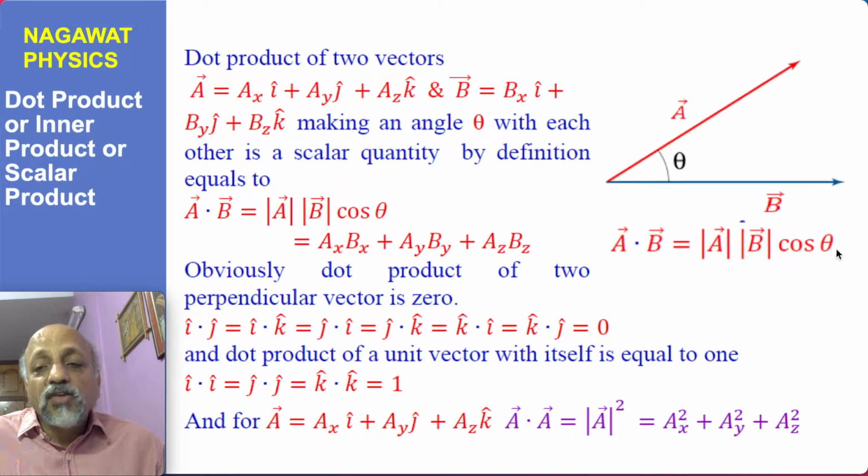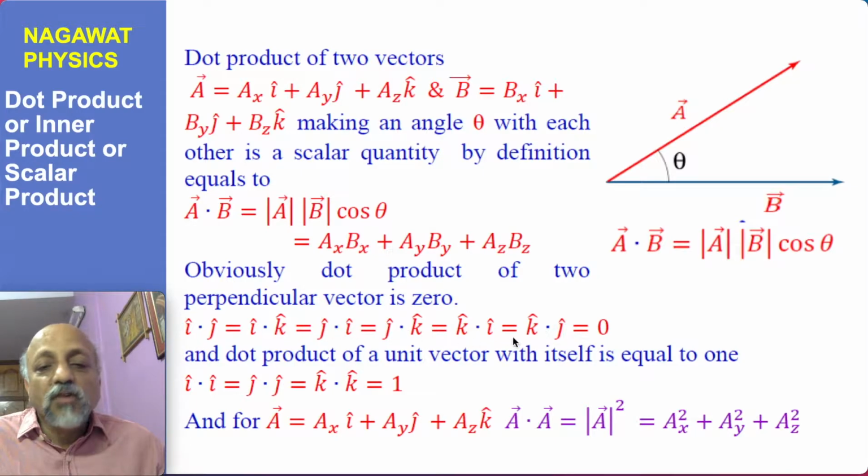Now with this basic definition, when it is applied to the unit vectors, you know that i dot j will be equal to 0 because cosine of 90 degrees is 0. On the same basis we can check that since the x axis is perpendicular to the z axis also, i dot k would also be 0, j dot i and j dot k would also be 0, k dot i and k dot j would also be equal to 0.